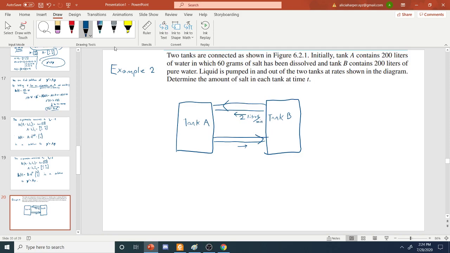And then liquid is going from tank A to tank B at a rate of 3 liters per minute.